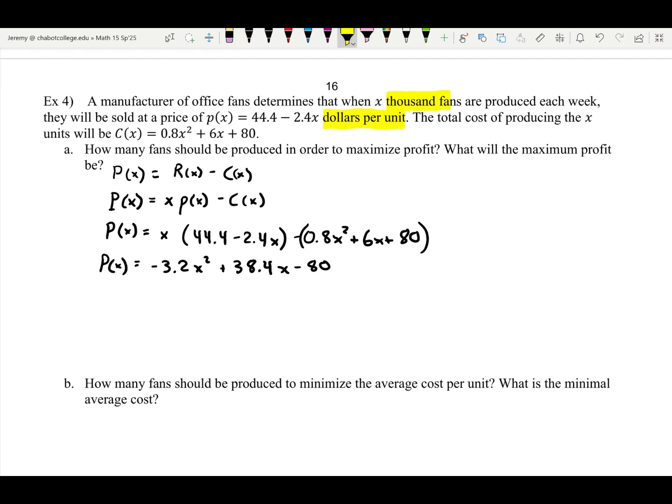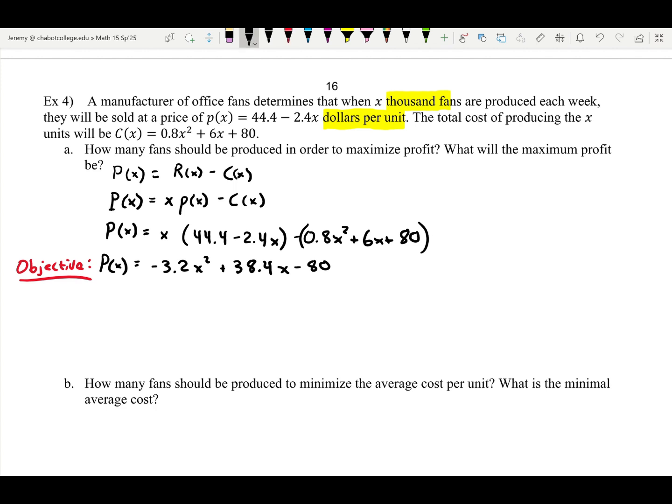Now this is an optimization problem, and we're asked to maximize profit. So our objective function is just going to be the profit function, which is what we just found. So this is our objective. Given an objective function, how do we maximize it? Well, we've done this a whole bunch already. We are going to find critical numbers, do a sign analysis, find the local maximum over our domain.